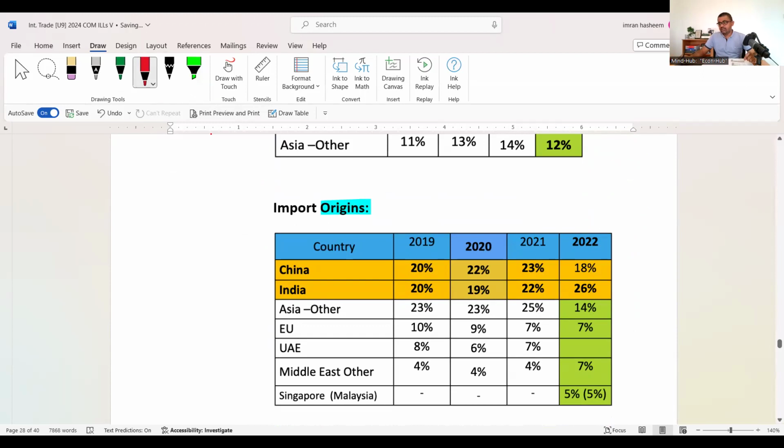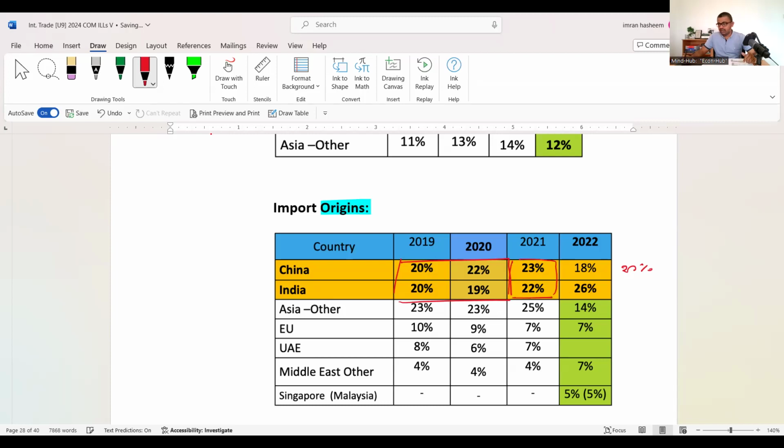China, around, it fluctuates a bit, but I would say around 20%. Right? Then you can see the China and India percentages used to be very close to each other. At times, China percentage is higher than India. You can see that here also.